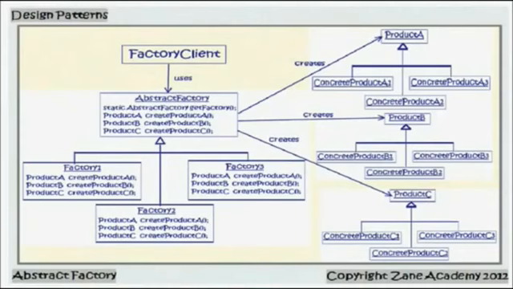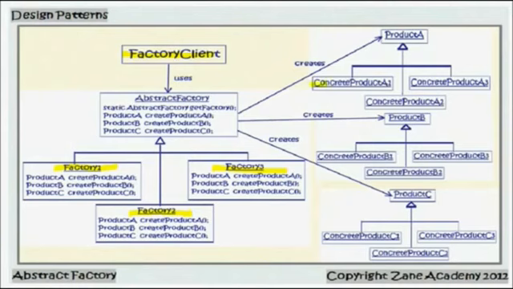Essentially, we have a factory client, and this would be any class that needs to create objects, and it's using any one of these concrete classes, factory 1, factory 2, or factory 3, and it needs to create families of products.